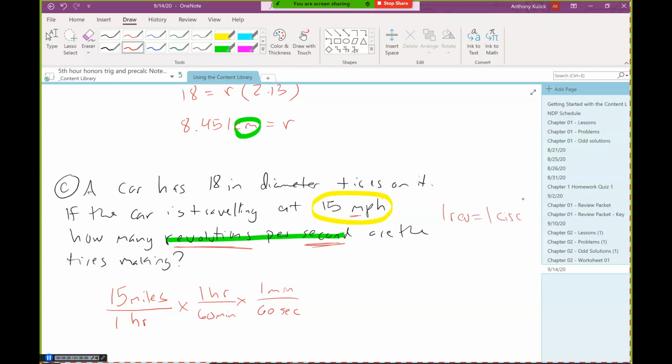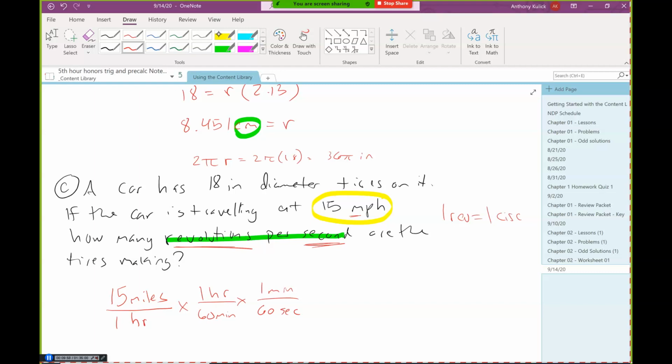What's the issue, though? The circumference that we're going to have is going to be in inches, and my unit currently is in miles, right? So before I can make that conversion of distance into revolutions, I have to get the distance down into inches.